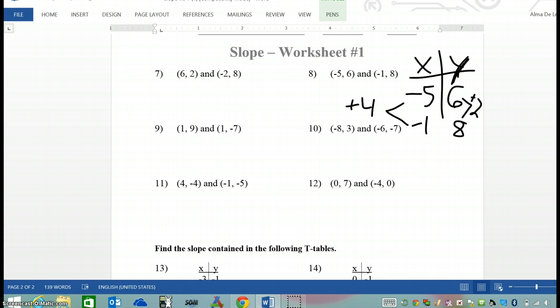If you remember, rate of change, slope, is the same thing as a change in y over the change in x, or delta y over delta x.